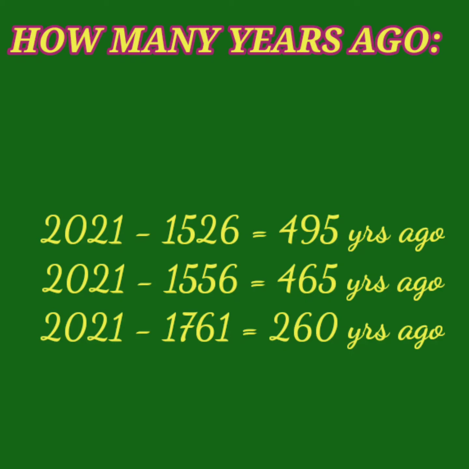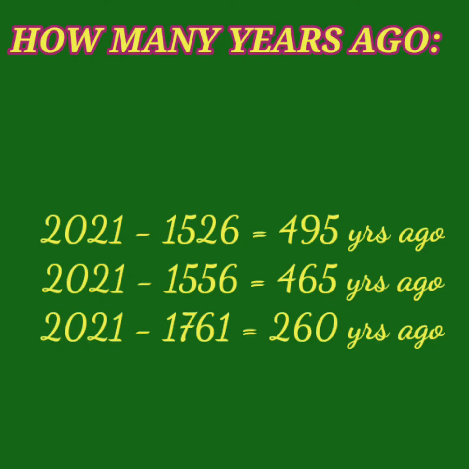The first battle of Panipat took place in the year 1526. How many years ago did this happen? 2021 minus, because it happened in AD, so in AD we have to subtract. So we subtract from the current year the year it happened. 2021 minus 1526, that is 495 years ago the first battle of Panipat occurred.